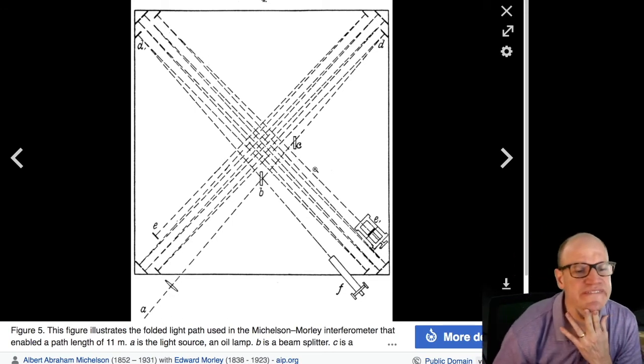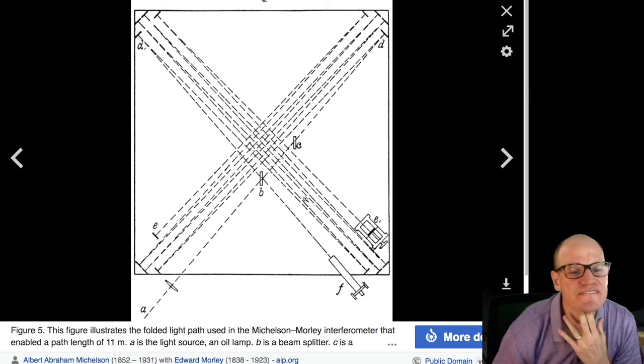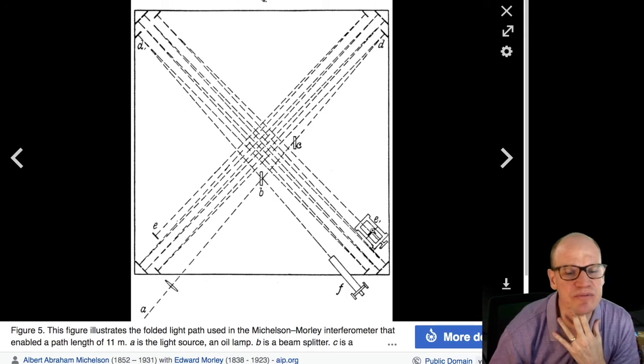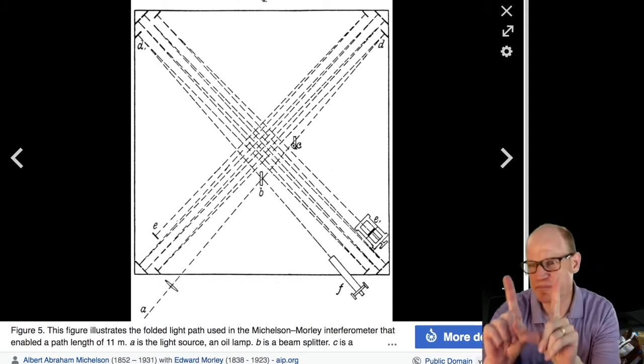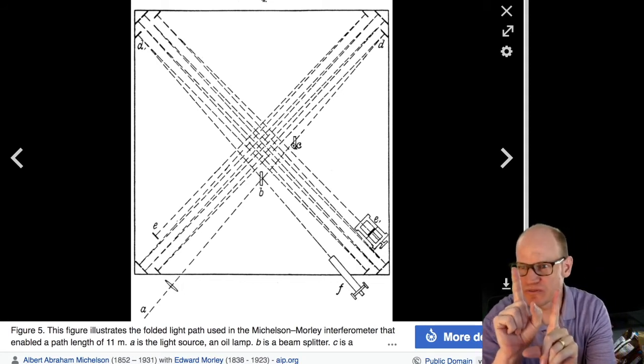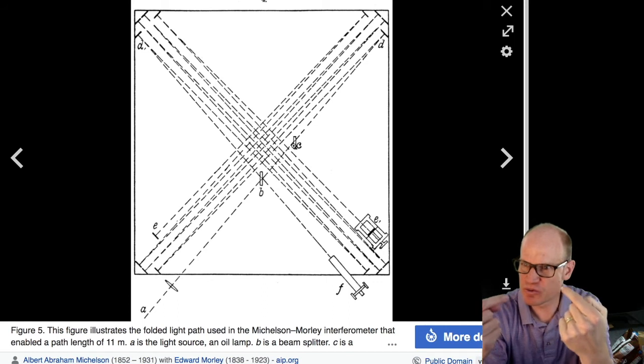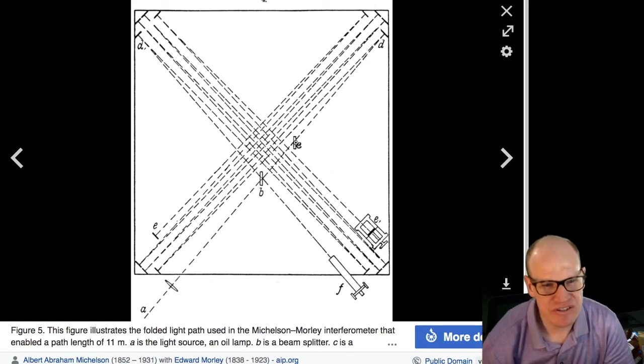Where does it recombine? So this is probably their emitter, and it looks like this beam splitter is a little bit off. So they have two separate beam splitters, one where the beam is split in half and the other one where the beam gets recombined.